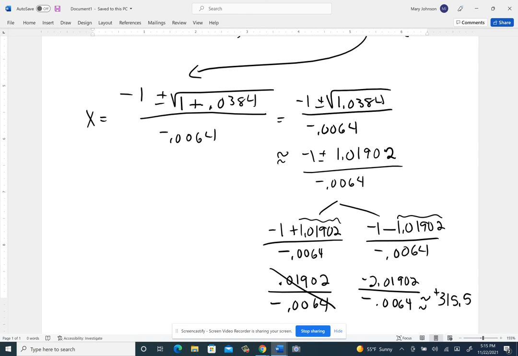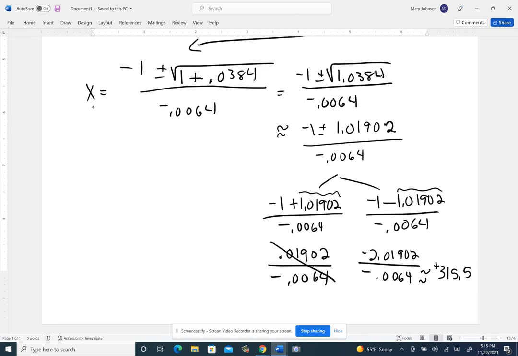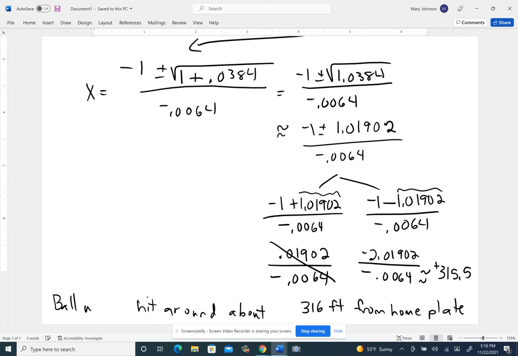So you might just say the ball would be about 315, 316 feet, hit the ground about 316 feet from home plate. Okay, the ball would hit the ground about 316 feet from home plate would be your interpretation.